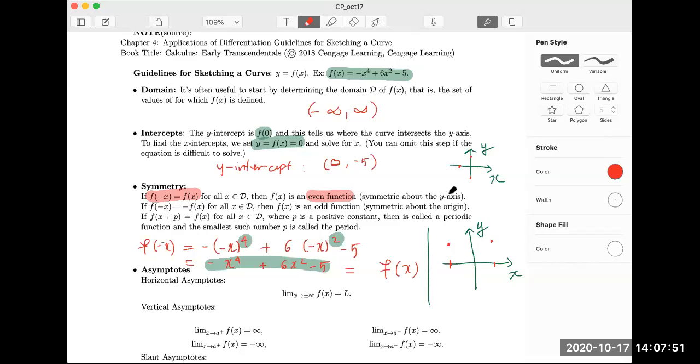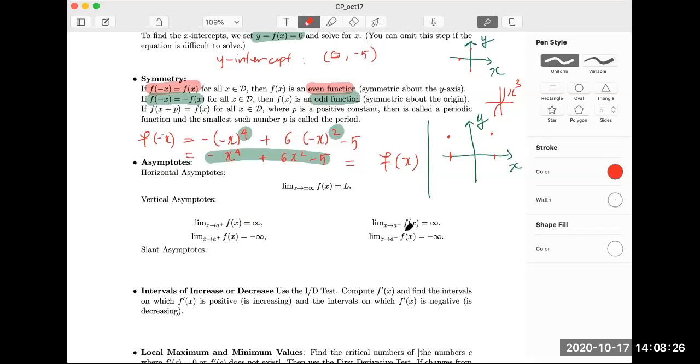It is symmetric with respect to the y-axis for an even function. So you see it when you do more problems, but now if you don't see it, it is okay. The similar way to test if it is an odd function, then it is symmetric about the origin. For the odd function, you can try with x cubed. Okay, you see it.